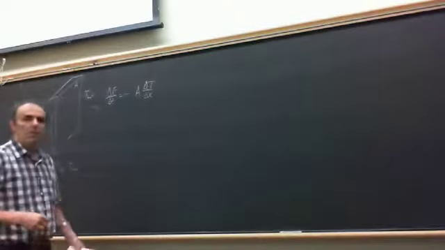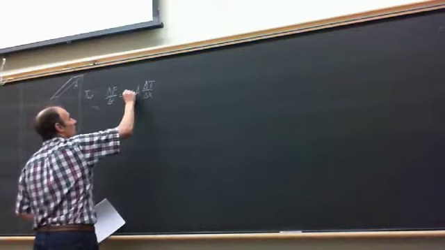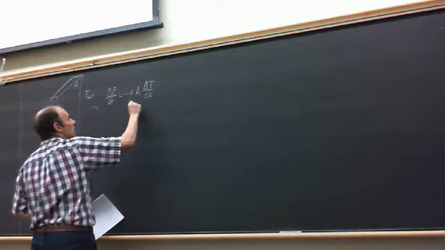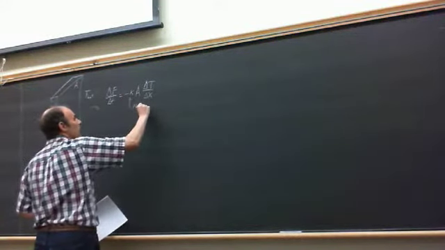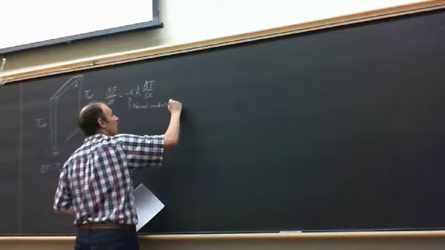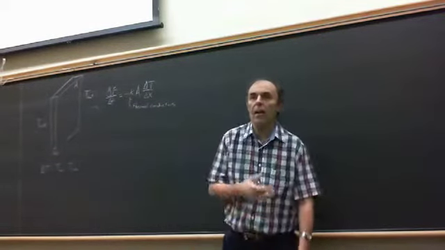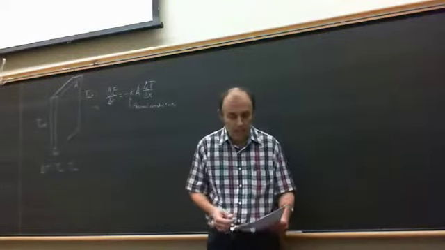Finally, there's going to be a constant of proportionality in front of this. We're going to call that kappa, the Greek letter kappa, which is the thermal conductivity. And that specifies what type of material you have and how efficient it is in transferring heat.